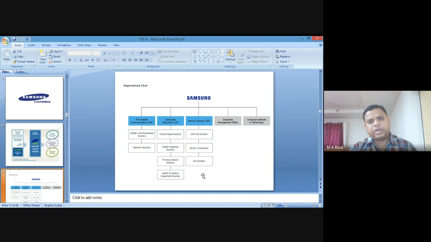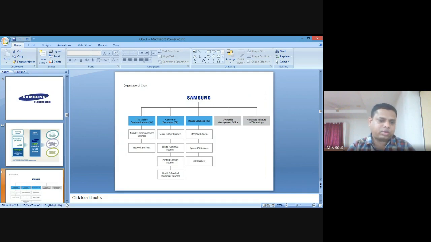That is why they are also focused on the healthcare business. But in device solutions, they are focused on memory chips, especially for mobiles and tabs. The next is the system LSI business, and then LED bulbs. So this is the whole organizational structure of Samsung Electronics.